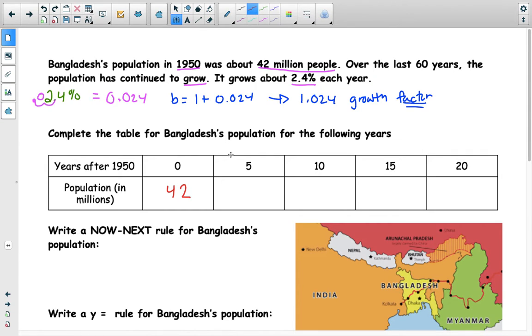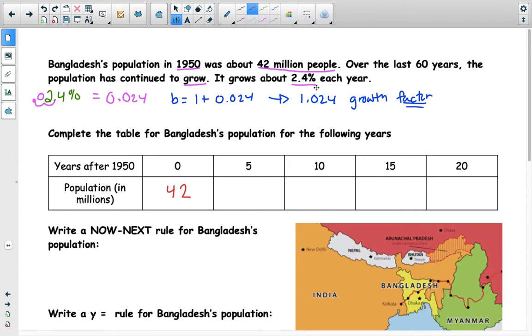Notice that it's asking for 5 years, not after 1 year. So we're not just going to multiply by 1.024. We need to use the equation to help us figure this out. So it's going to multiply by 5 times of that.